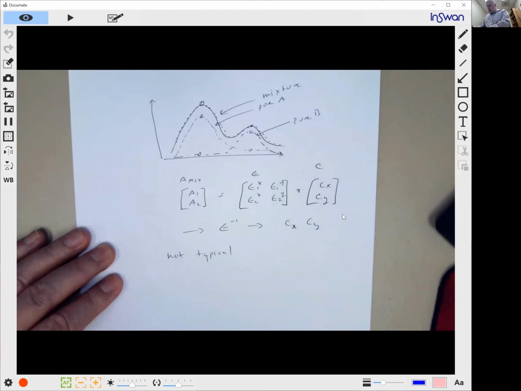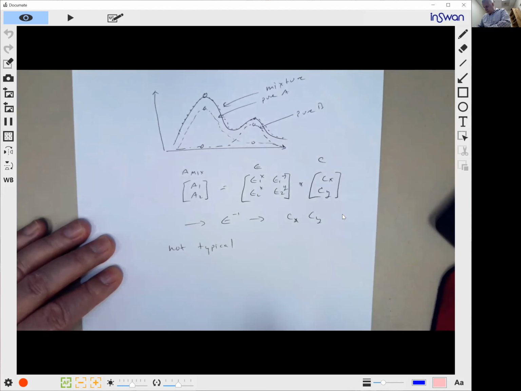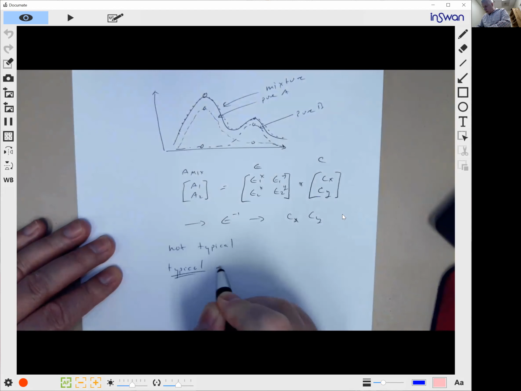What is typically done is least squares.